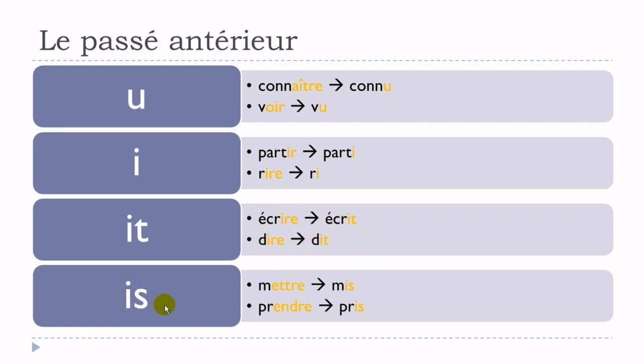And then in IS, mettre will become mis. And prendre will become pris. Okay, so connaître, to know, connu. Voir, to see, vu. Partir, to leave, parti. Rire, to laugh, ri. Écrire, to write, écrit. Dire, to say, dit. Mettre, to put, mis. Prendre, to take, pris. Okay?